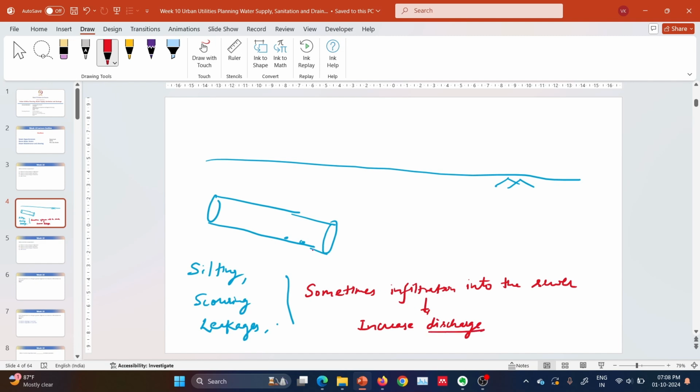That's why, for inspection purposes, we provide manholes.